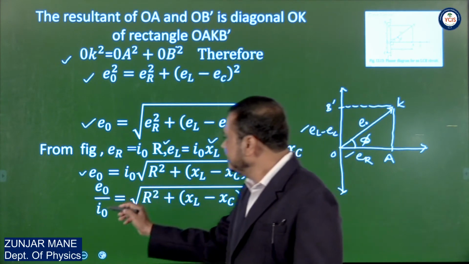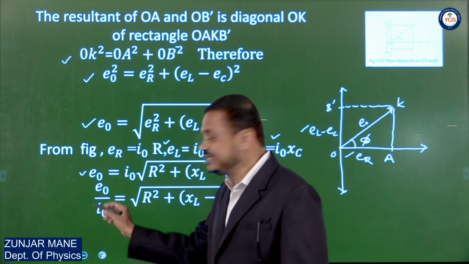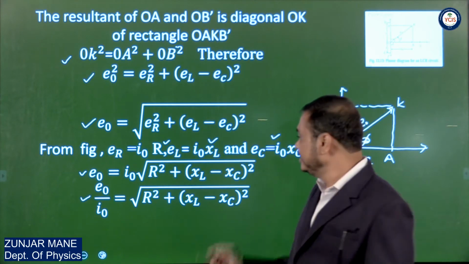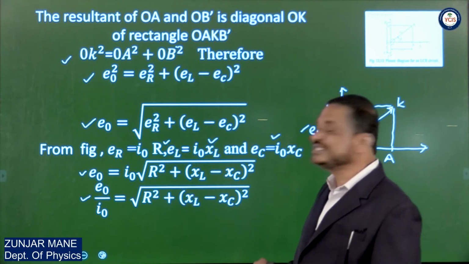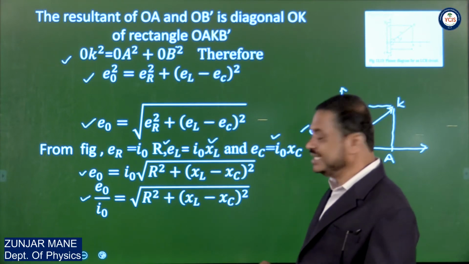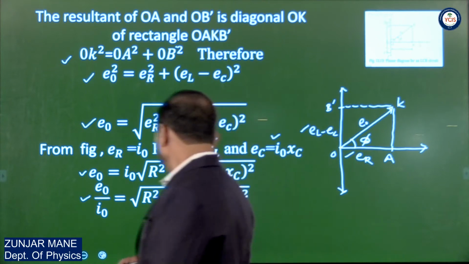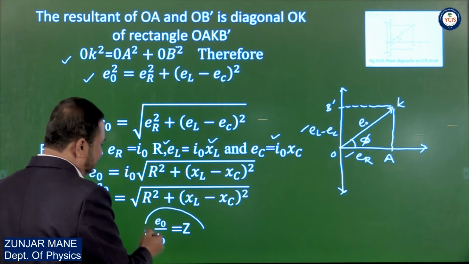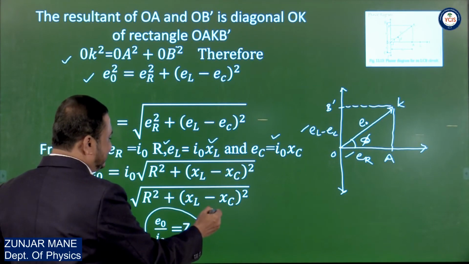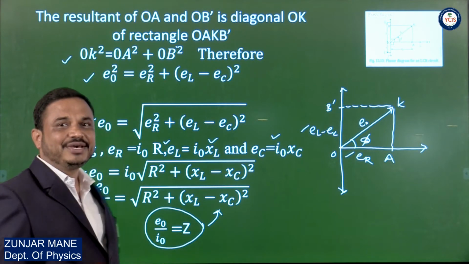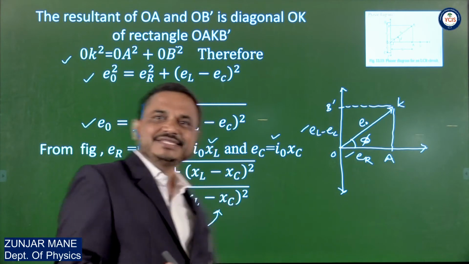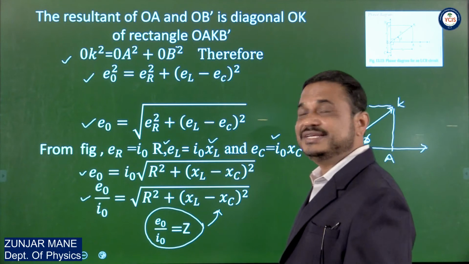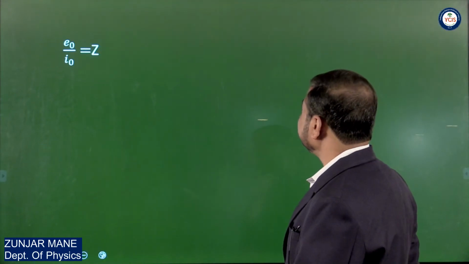Now if I0 is taken to the left side, it goes to the denominator, and we have E0 upon I0 equal to under root R square plus (XL minus XC) square, and E0 upon I0 is equal to Z, where Z is equal to under root R square plus (XL minus XC) square.